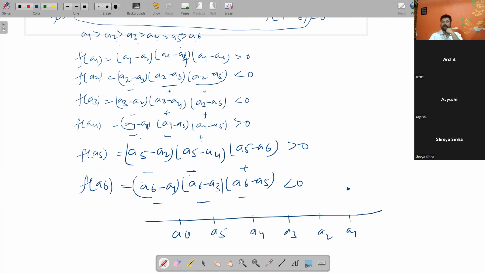The value of the function at A2 is negative, so the graph has to come over here. A3 is also negative, so somewhere downside. A4 is positive, so somewhere upside. A5 is positive, somewhere upside. And A6 is negative, somewhere downside.